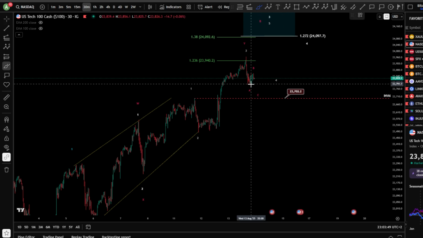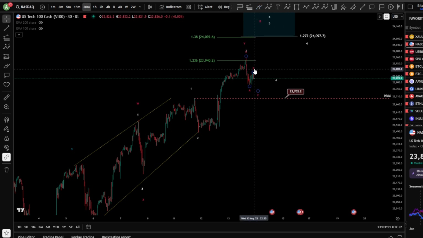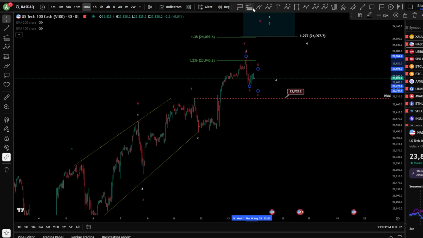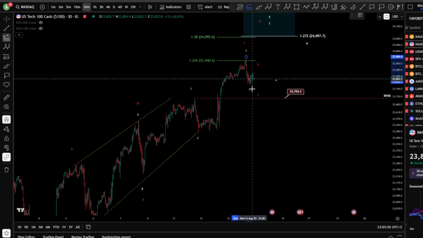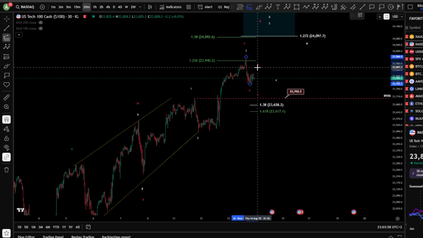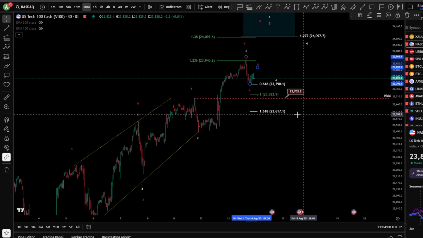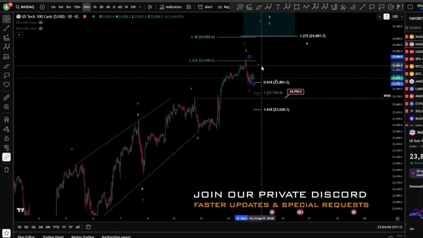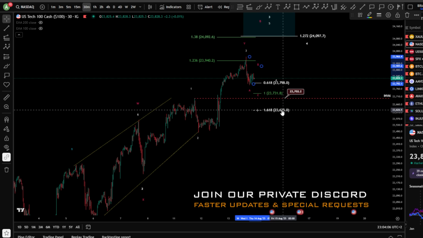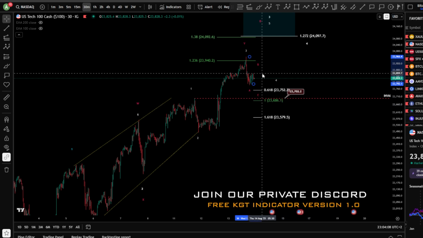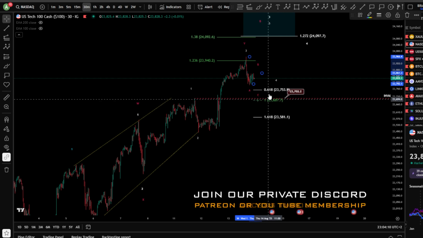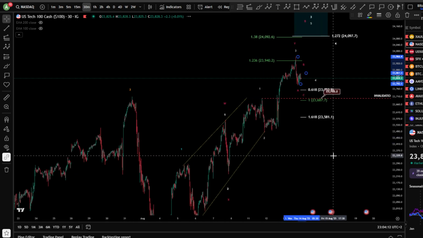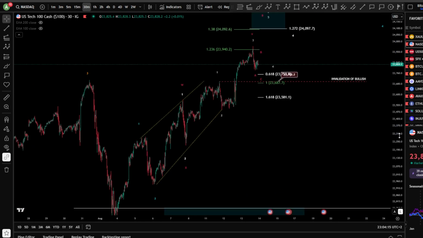Unless, of course, we get a little bit more bounce for the wave B, turning this a little bit less sharp, right? So for the 1-to-1 fib level, meaning zigzag here, yes, this is what you would like to see. A little bit higher wave B can prevent, of course, this invalidation. But currently, if this is your wave B, your 1-to-1 fib level, of course, is above this invalidation of bullish.